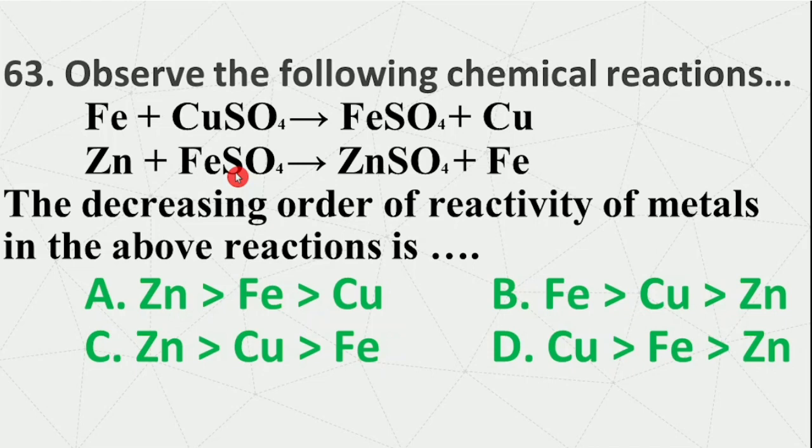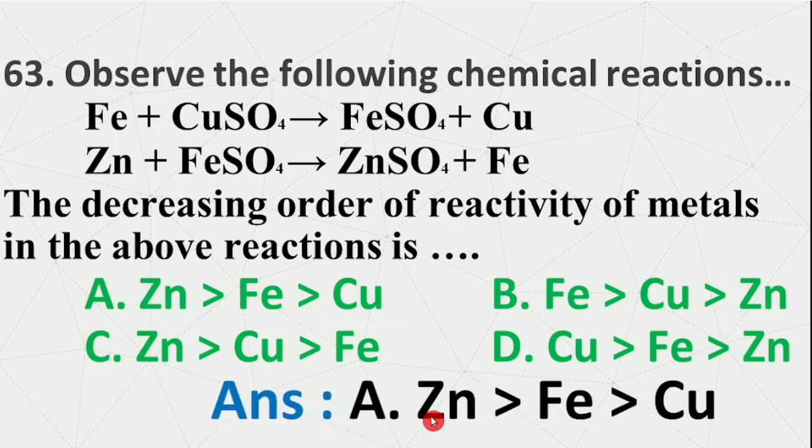By seeing this, we have to write the reactivity of the metals in decreasing order. So they are asking decreasing order, option A, zinc, iron, copper. So option A is the answer.